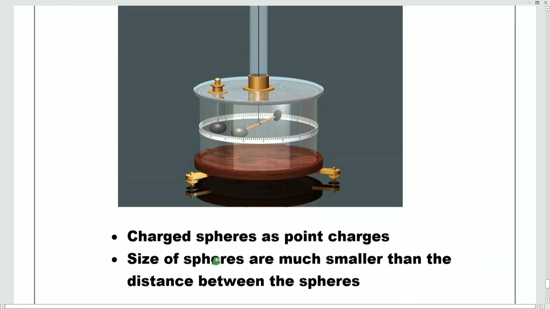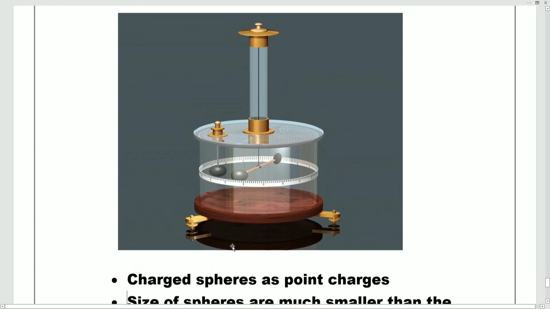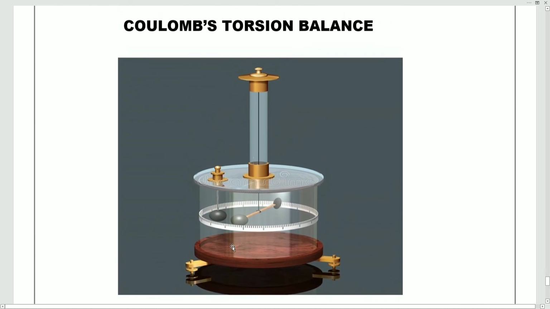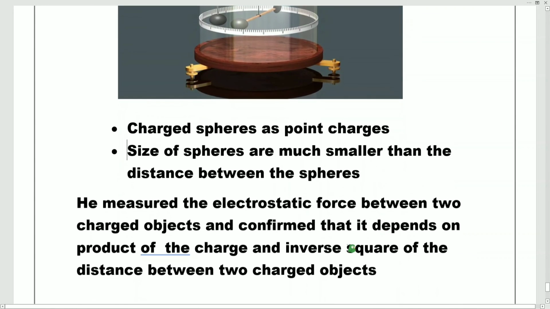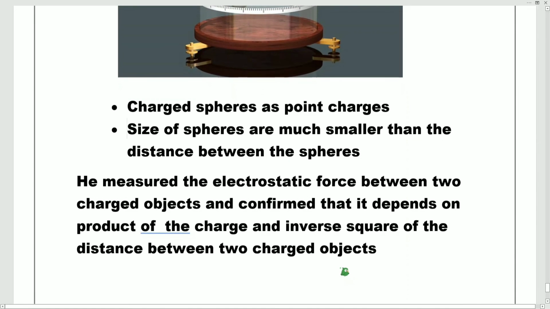He measured the electrostatic force between two charged objects and confirmed that it depends on the product of the charges and the inverse square of the distance between the two charged objects.